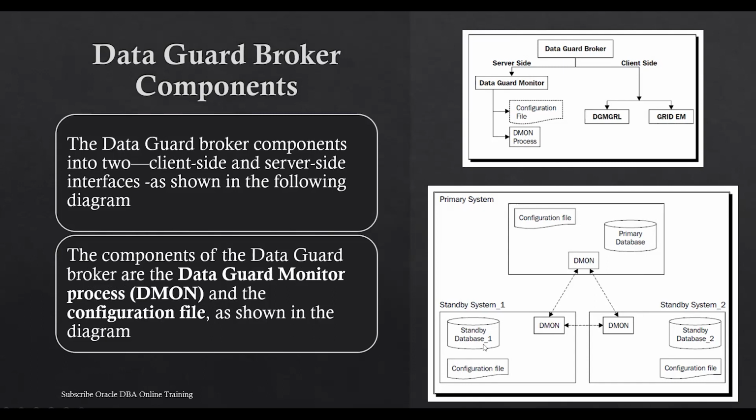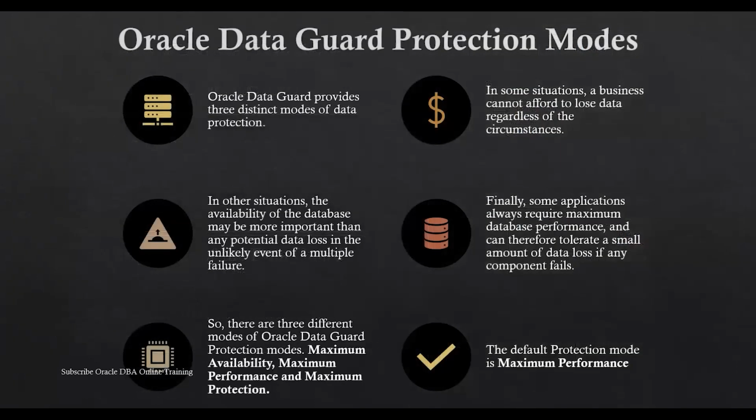Each standby will have its own configuration file, and a daemon process will keep running and communicate with each other, whether it is the primary or the standby. All of them will communicate with each other if the configuration is made in this fashion.